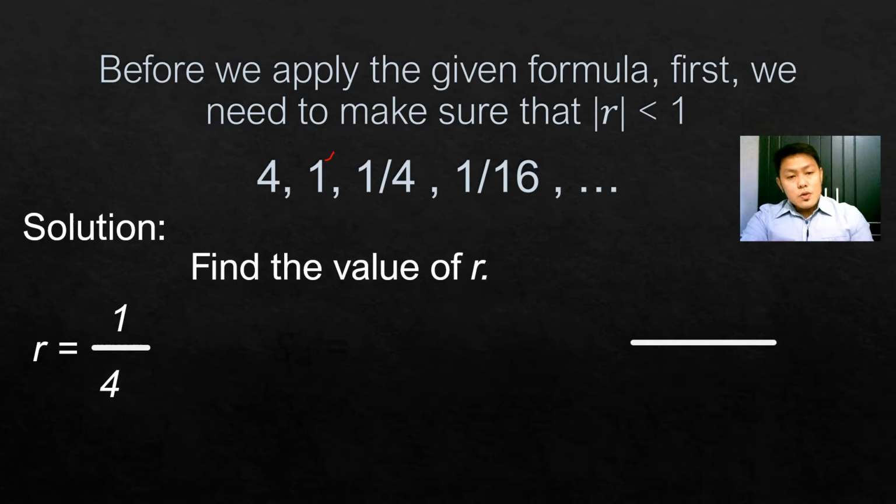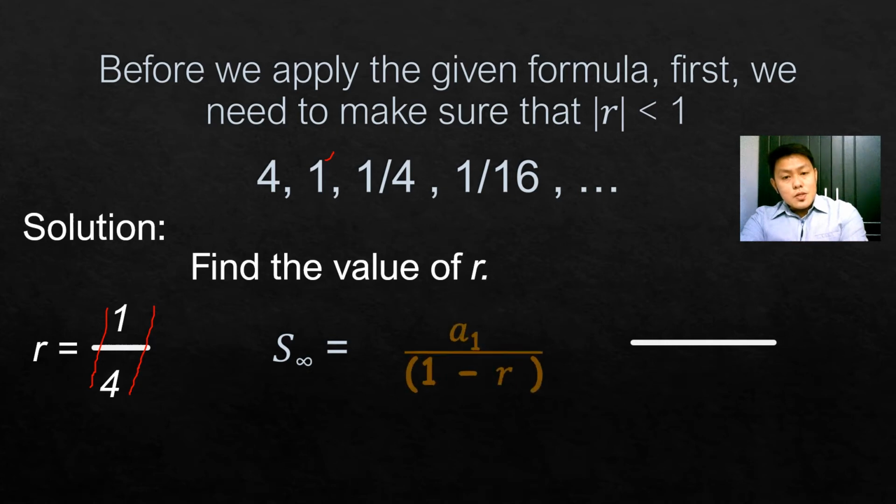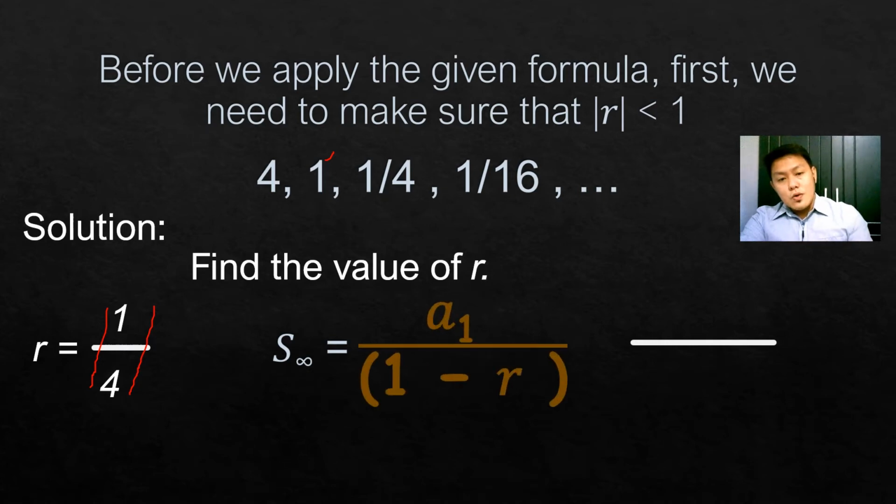So r is equal to 1 over 4, or 1/4, and the absolute value of 1/4 is equal to 1/4, which is less than 1. Therefore, we can use the formula. Sum to infinity is equal to a sub 1 over 1 minus r.